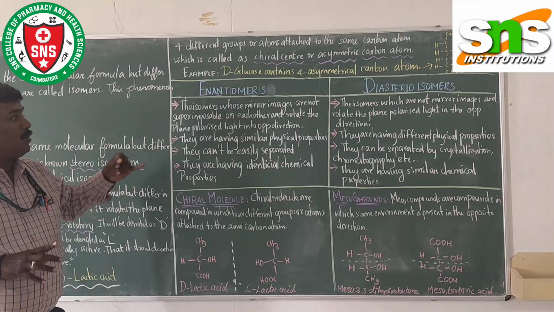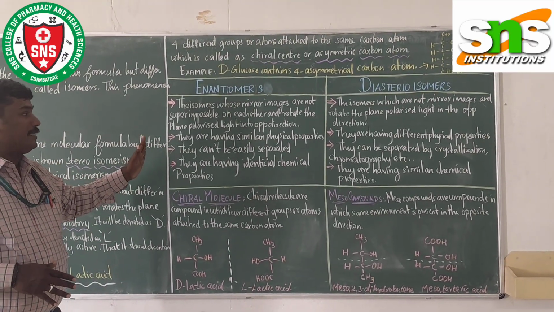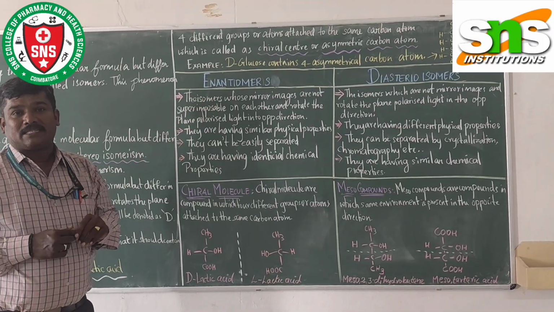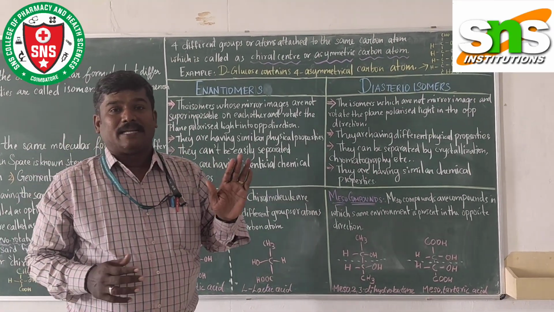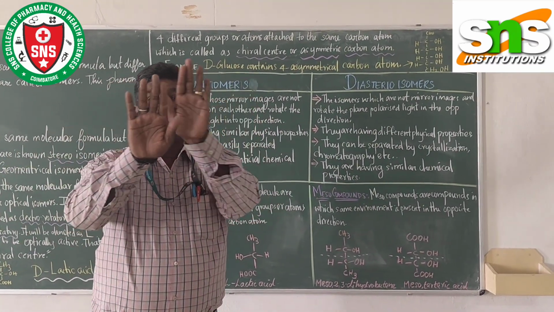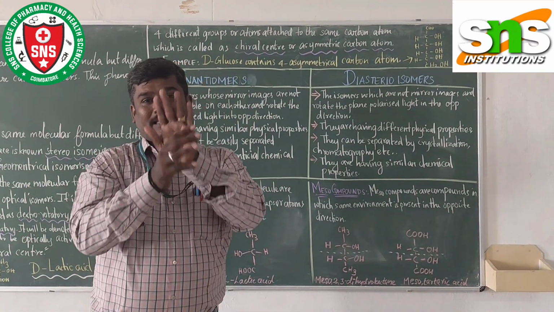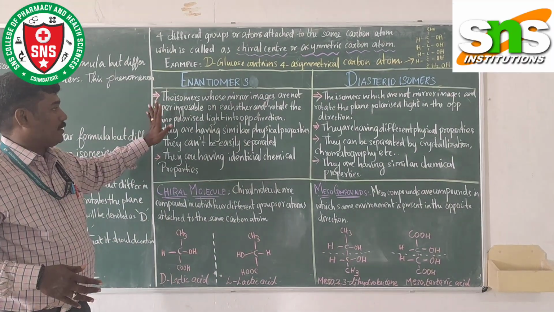Isomers whose mirror images are not superimposable on each other and which rotate the plane-polarized light in the opposite direction are known as enantiomers.